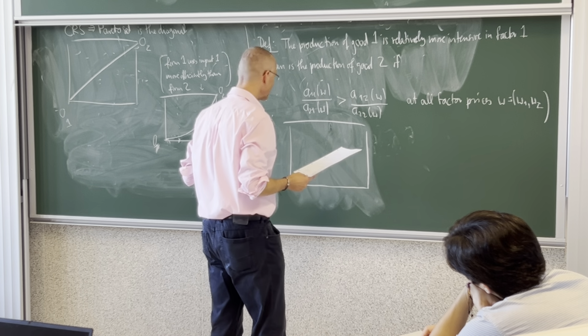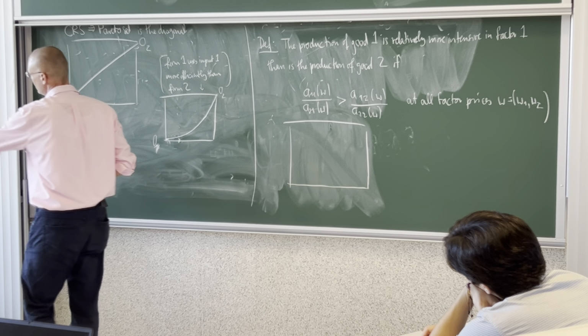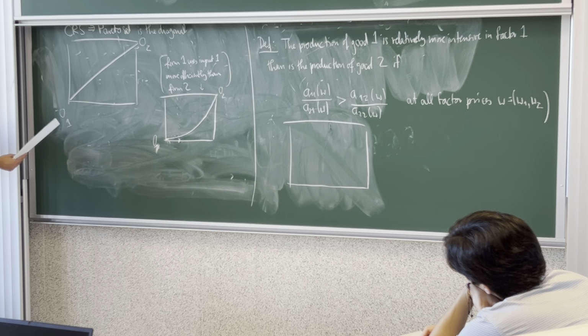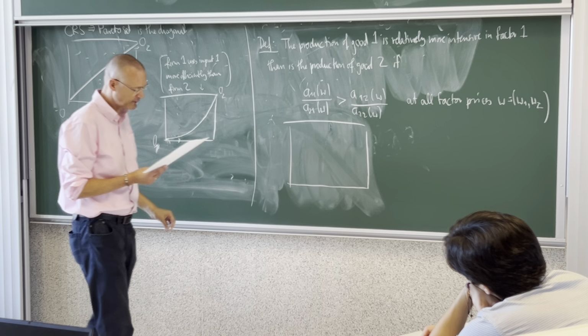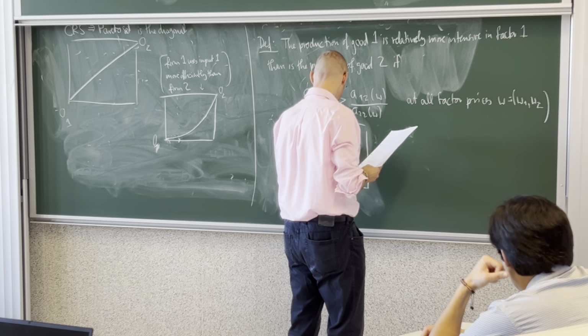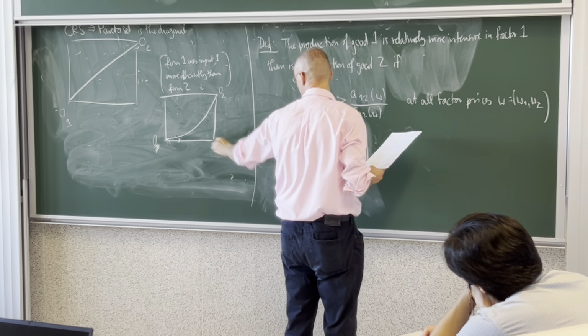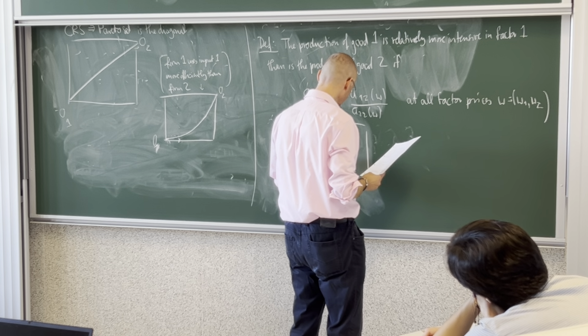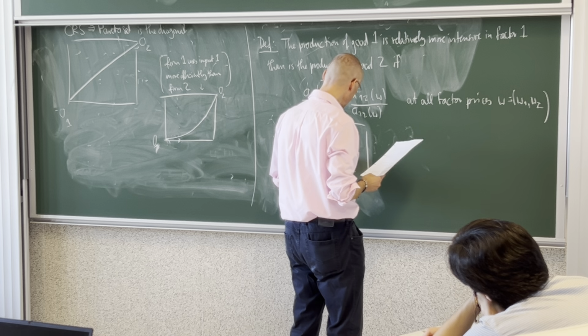So in the Edgeworth box, like this one, how would it look? You have this optimal tangency condition, which corresponds to below the diagonal. This would be w star.